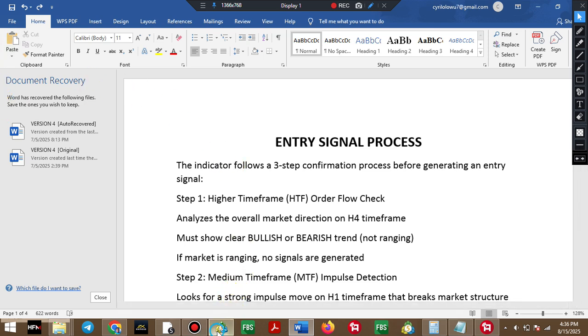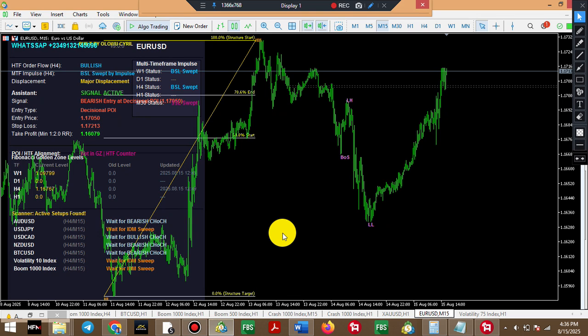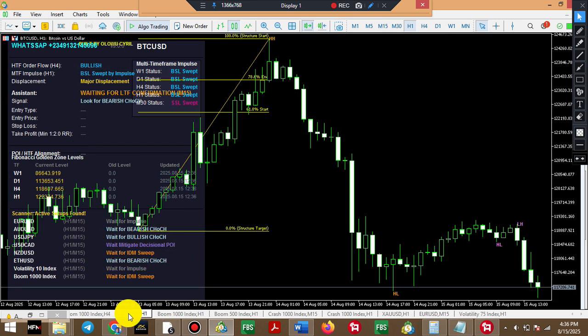So this is how the software looks. Currently, it's on this Euro USD that has generated a signal, right? It doesn't work on only Euro USD. I have one on BTC USD currently. This one has not gotten any signal, right? So it's still programming or still watching.